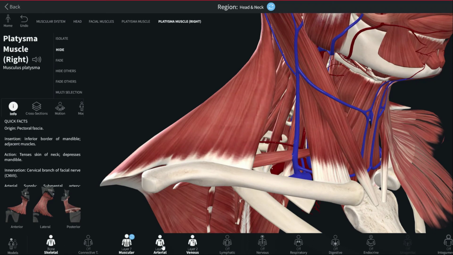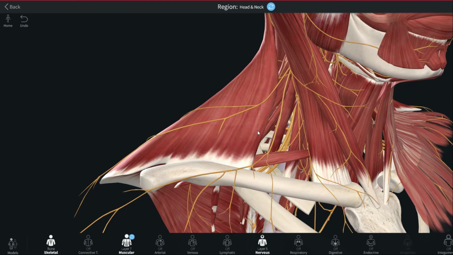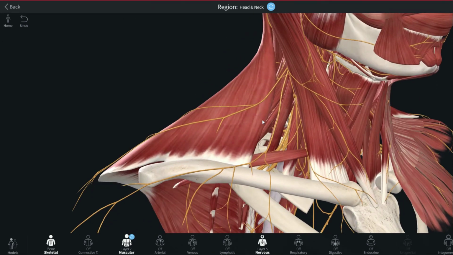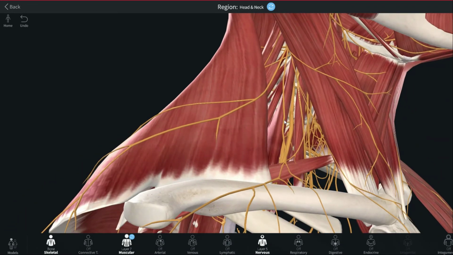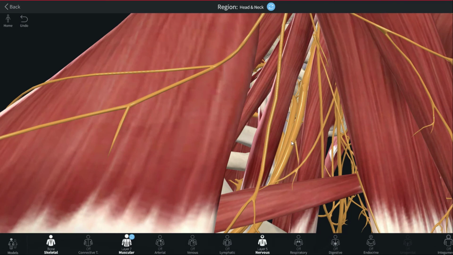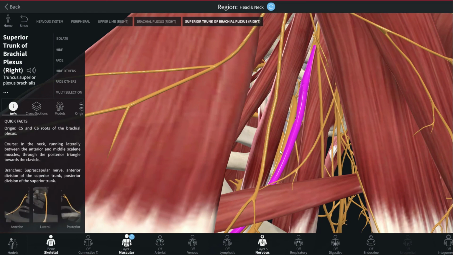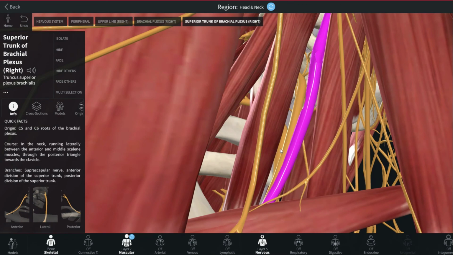Here we have the things going on over here, and these are the trunks of the brachial plexus. This is the upper trunk, the superior trunk, this is the middle one, and at the very farther end we can see the lower trunk, or the inferior trunk of the brachial plexus.